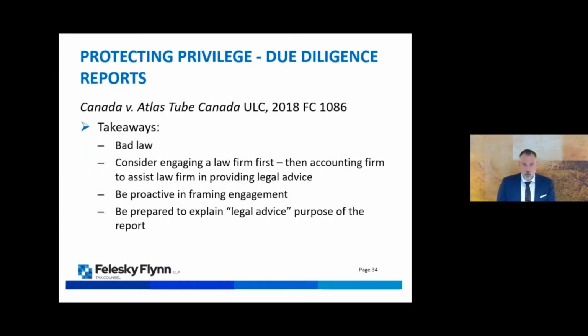So what can we take away from the Atlas Tube decision? First, I'd say that with respect to the federal court, there's some real flawed reasoning in the federal court decision. First, the idea that legal advice and business advice can be so easily segregated just isn't realistic. The due diligence report contained legal advice.